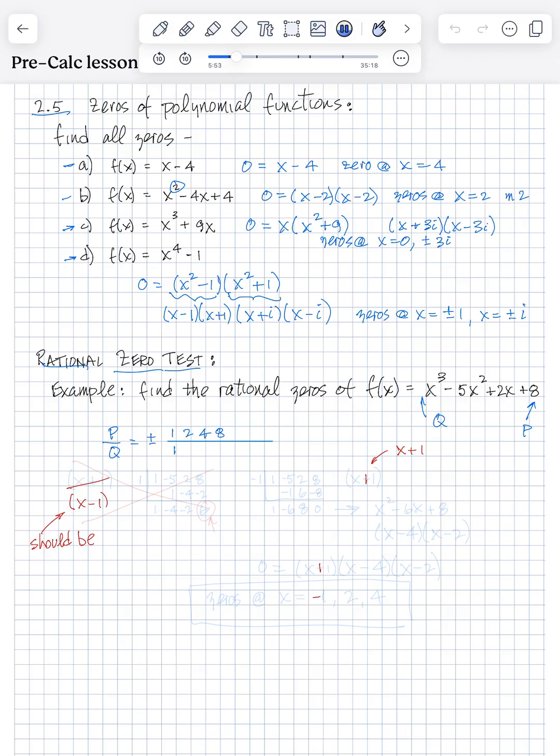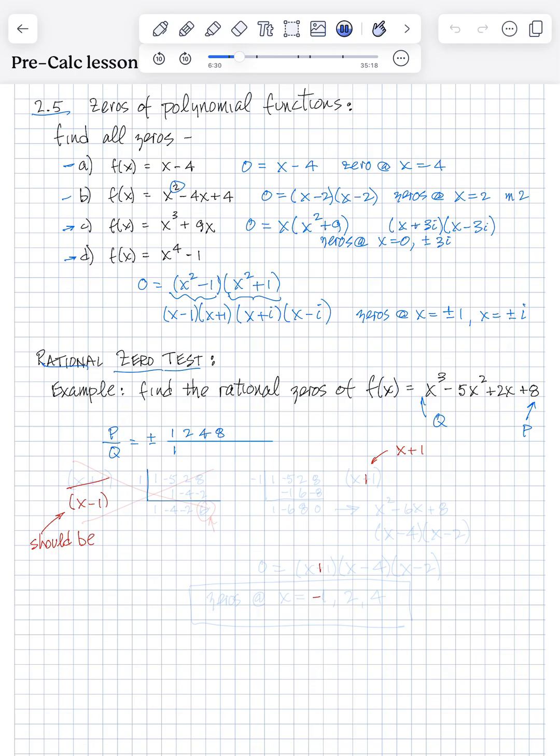And so this tells us that our zeros could include x equals plus or minus 1, 2, 4, and 8. So at this point, we're going to set up a division. It's going to be a synthetic division. And it usually tends to be trial and error.